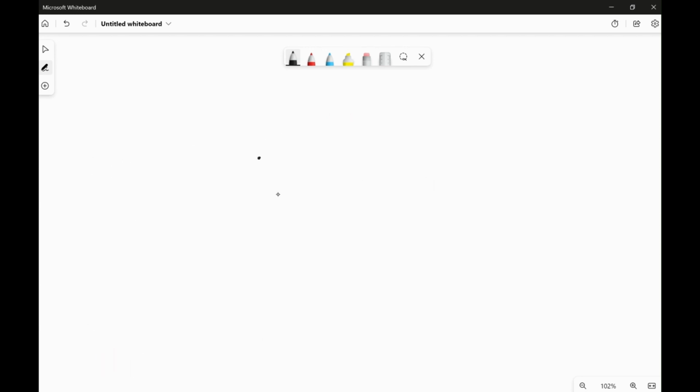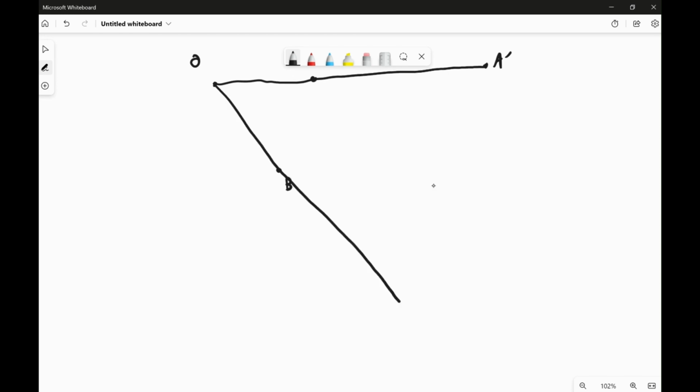What is homothety? So suppose we have a point O here, and we have points A and B here. And what a homothety does is it just scales the distances from O. So we have that OA can map to OA prime with the homothety, and then OB can be mapped to OB prime with the homothety.